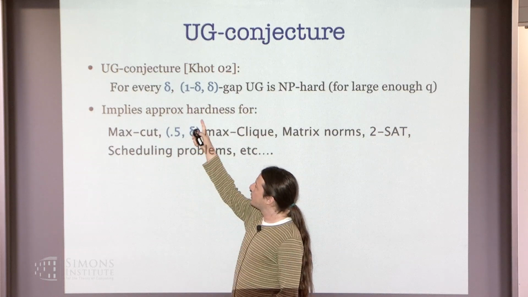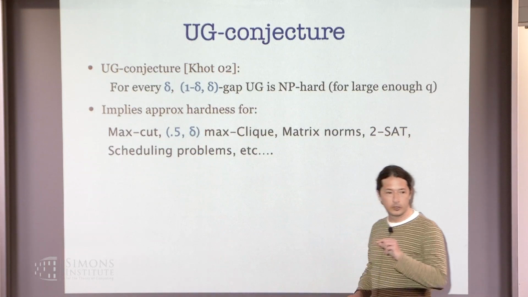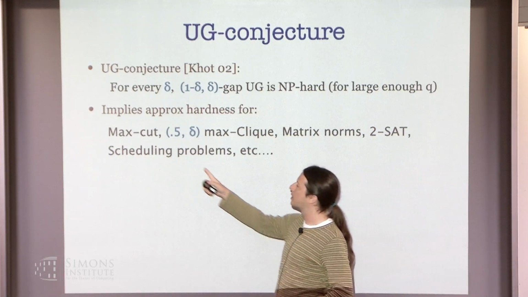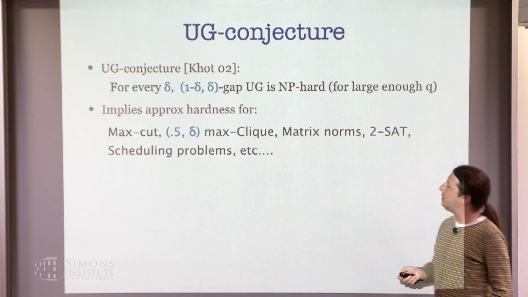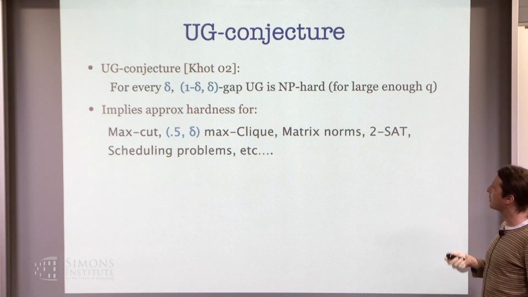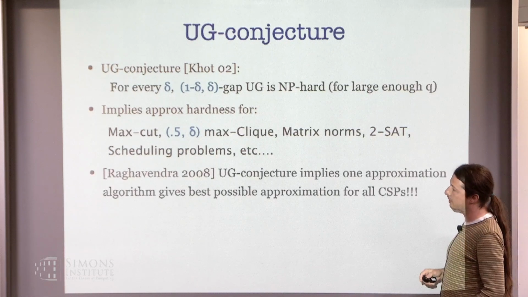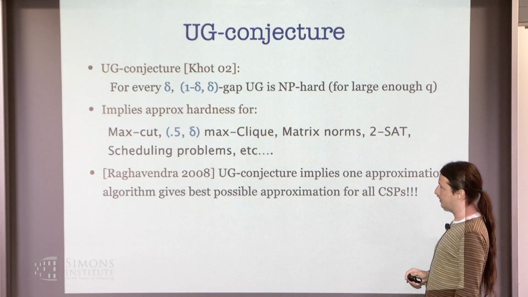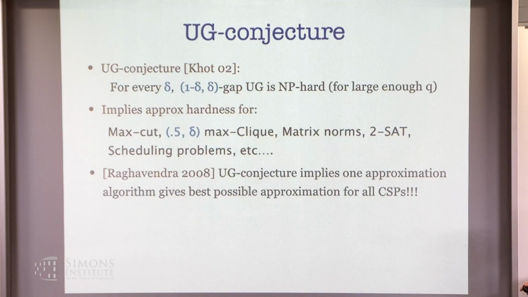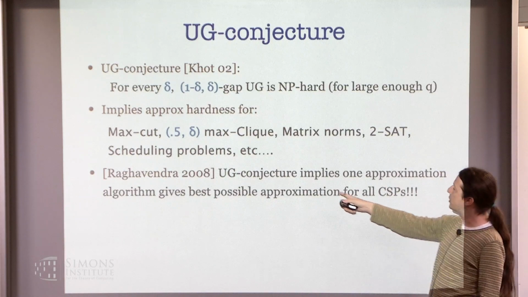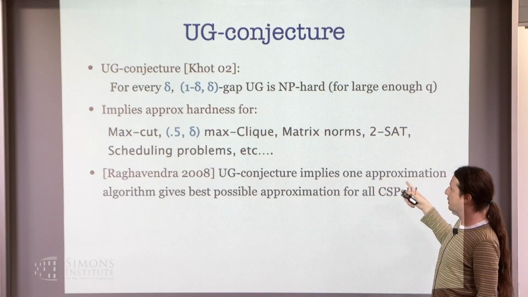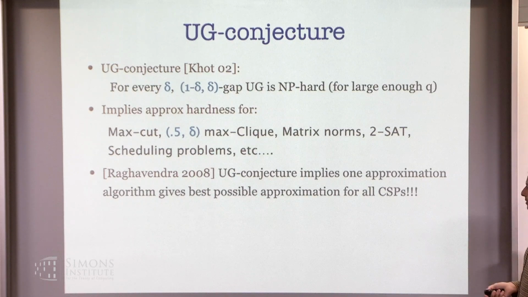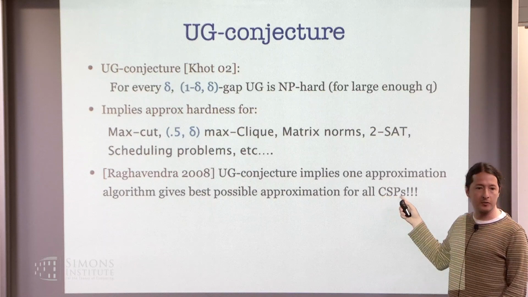You get a tight, you know exactly what is the best approximation for many problems, like max cut, this max clique that I mentioned before, matrix norms, 2-SAT, scheduling problems, many others. And actually, there's a theorem of Raghavendra which is very surprising and strong, which says that in some sense, if you assume the unique games conjecture, there is one particular approximation algorithm that gives the best possible efficient approximation for all constraint satisfaction problems.